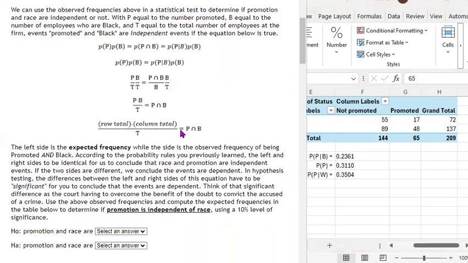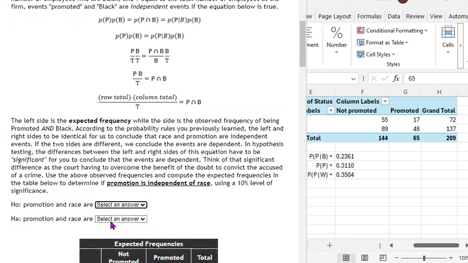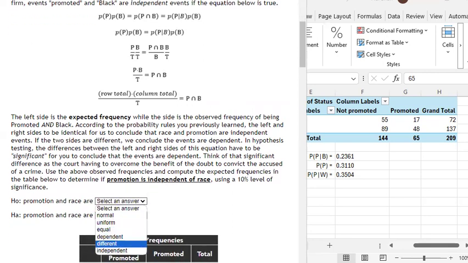And we're assuming, again, that they're equal. So we're operating under the assumption that we have identical values, and identical values imply independence, right? So the null hypothesis is promotion and race are independent events, right? And the alternative hypothesis is promotion and race are dependent events, right?